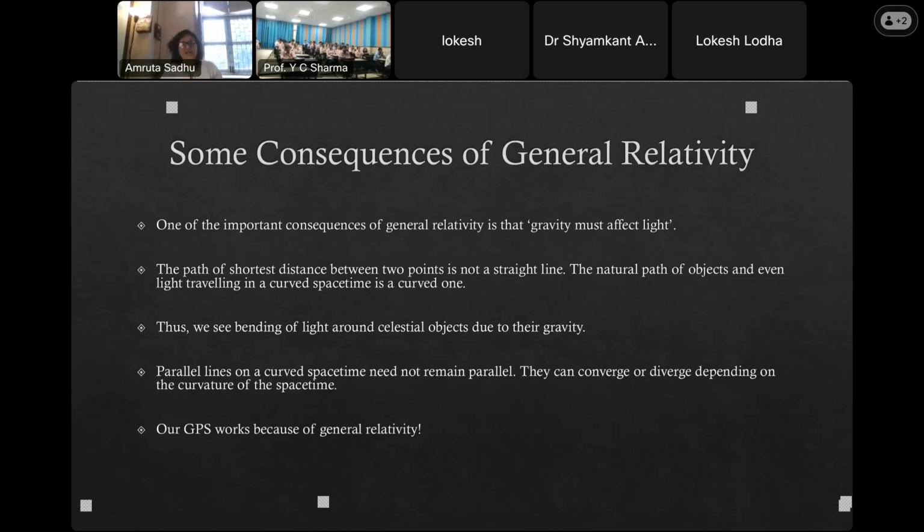But if you incorporate the answers given by general relativity, you can maintain the correct distance and correct time between you and the satellite, and your GPS will tell you your correct directions. So general relativity is also useful in day-to-day life.